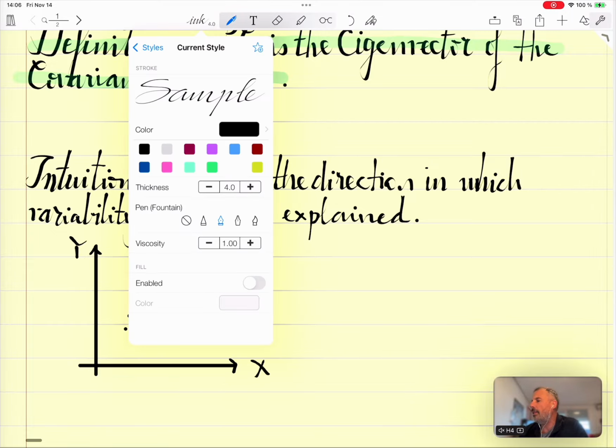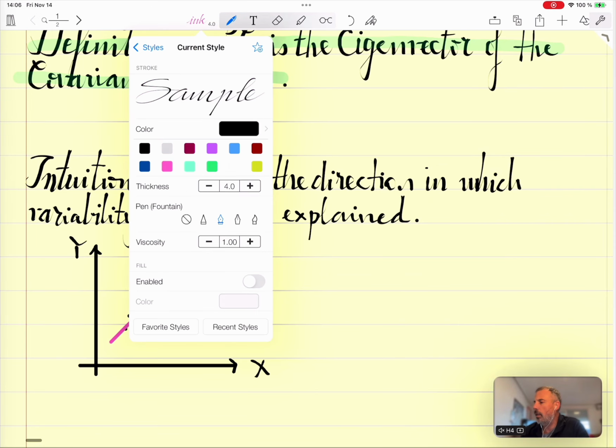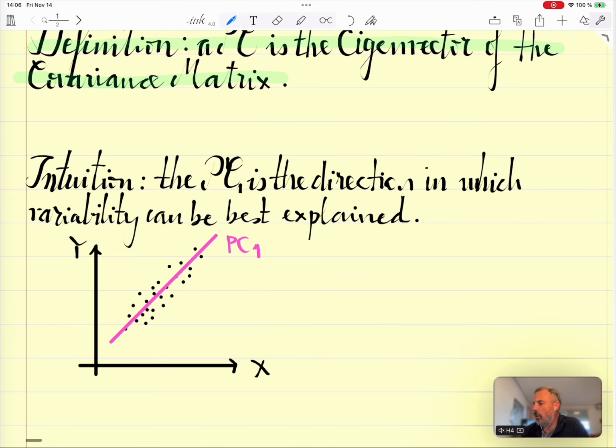So the best direction to explain this data is the direction that reduces variability. And the best direction that reduces variability is intuitively this one. So this is going to be our first principal component. We are talking about the first principal component. Why?